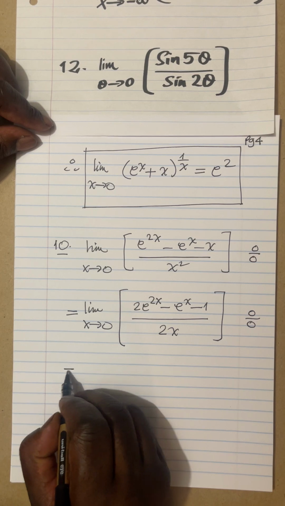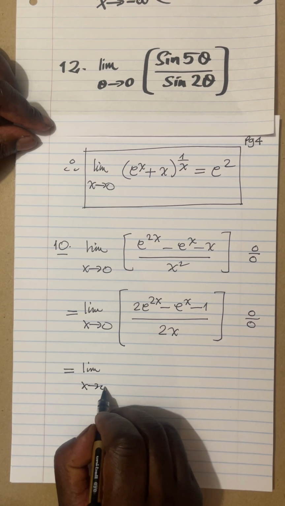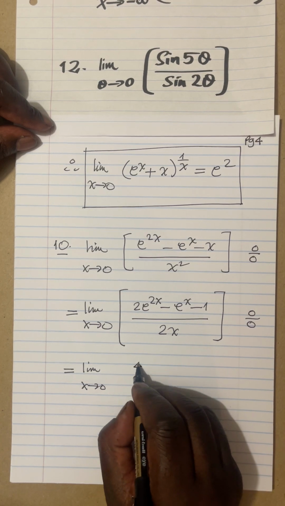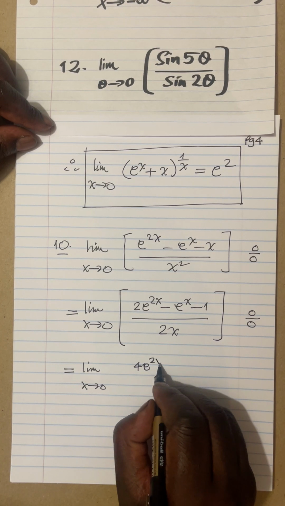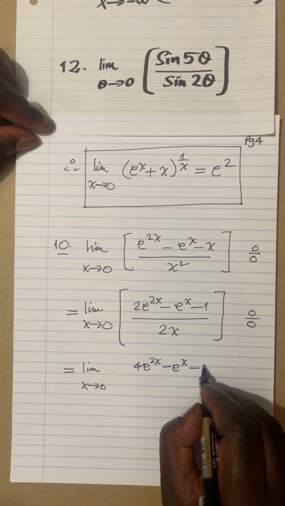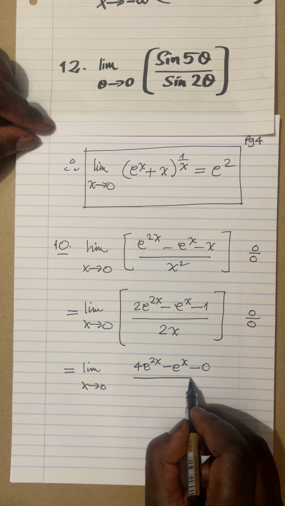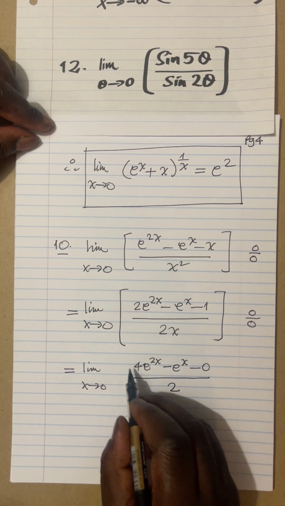L'Hopital's rule to apply again, this is going to be limit as x approaches 0. Differentiating this, now we have 4 e to the power 2x. This is just minus e to the power x, and that will be minus 0. Derivative of a constant is 0, and minus 1 is a constant. Differentiating 2x, the answer is 2.